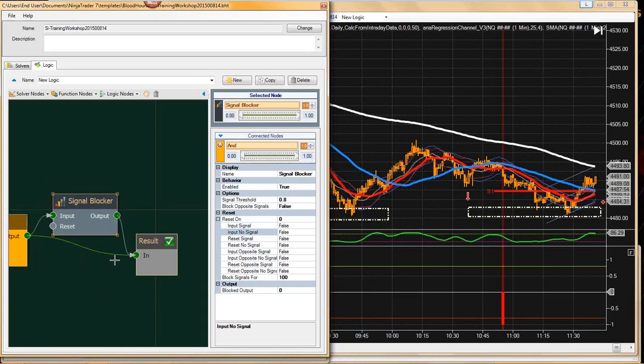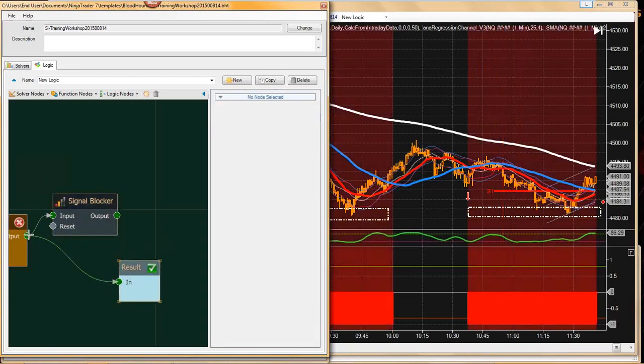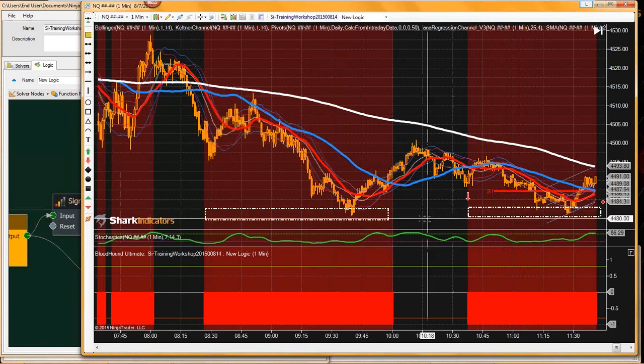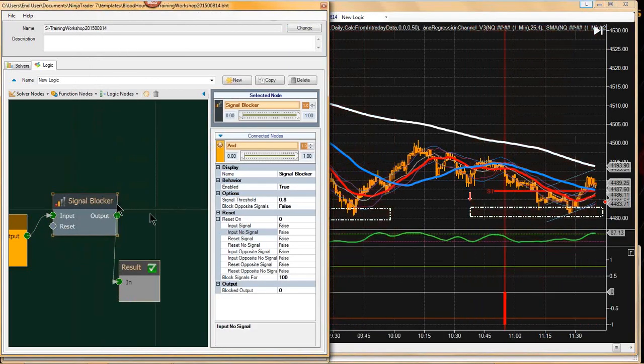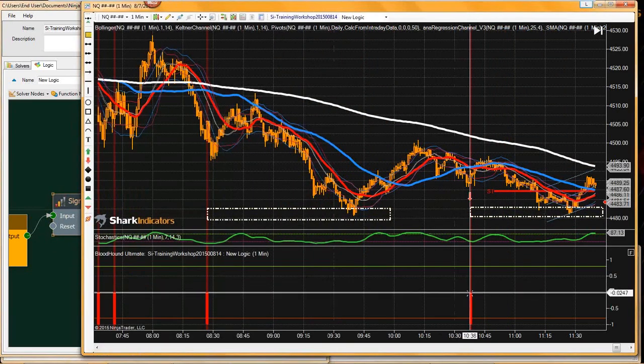We're looking at what is going into the input, and we can see here are the areas of no signal. So with the signal blocker, I can take this input, and when there's no signal at the input, I can reset the signal blocker. And voila, look at here.